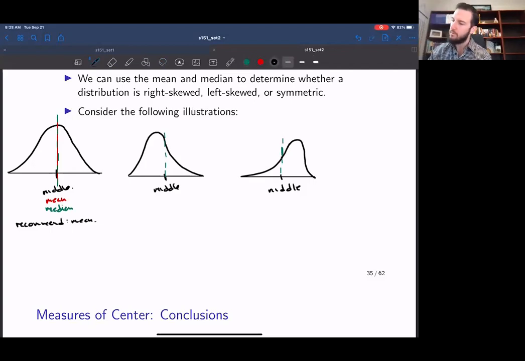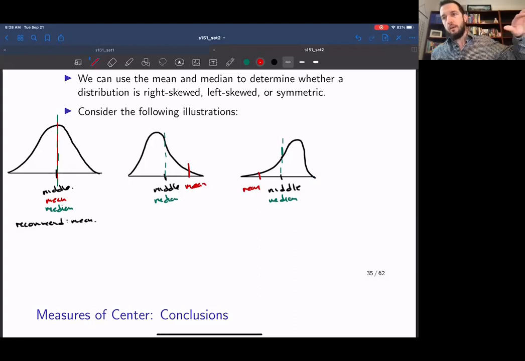In this situation, the median is still going to be at the middle, right? But the mean gets pulled with the skewness. So in the case of right skewness, the mean kind of ends up over here, relatively speaking. This isn't exact, but just the idea. And with left skewness, the mean ends up on the other side.